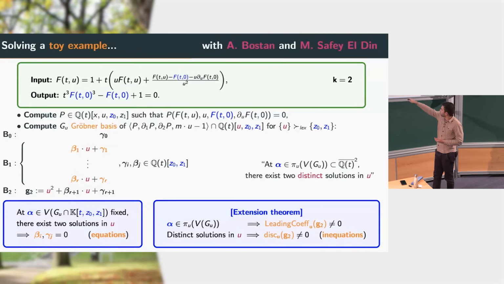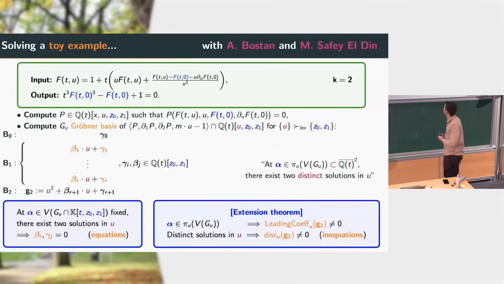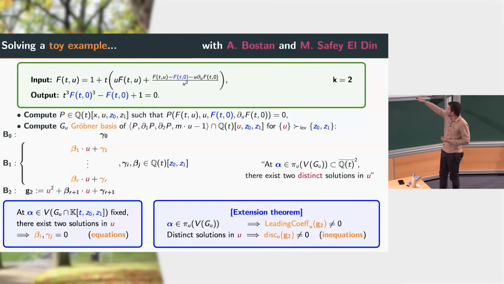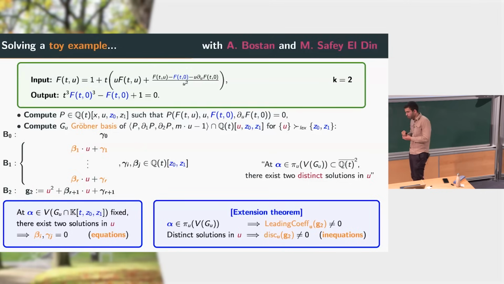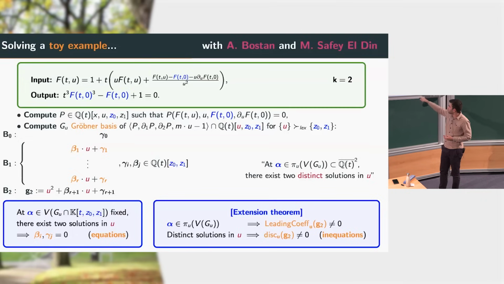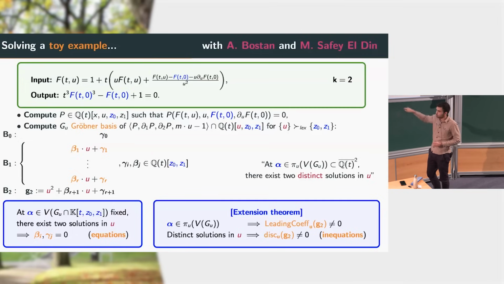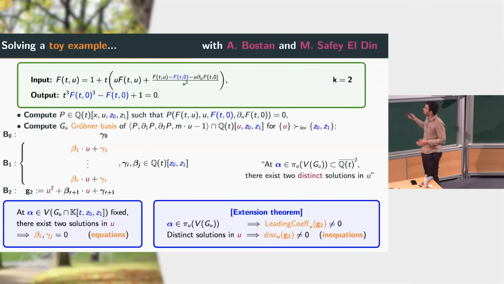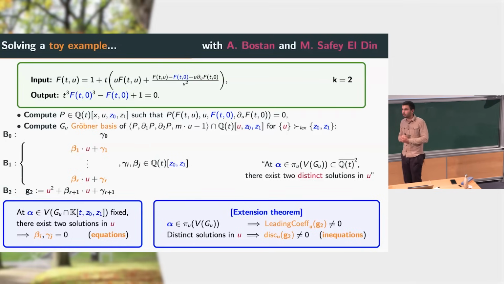In order to make sure that you indeed are in the projection and not in the border of the projection, there is a famous result called the extension theorem in effective algebraic geometry, saying that if the leading term of G2 with respect to u is distinct from 0, then you indeed have a point of the projection. And for obvious reasons, here the leading coefficient is 1, so everything is great.